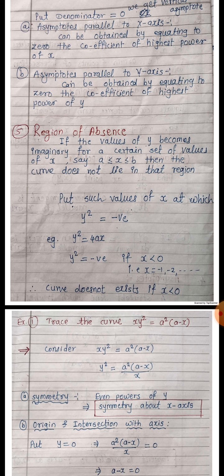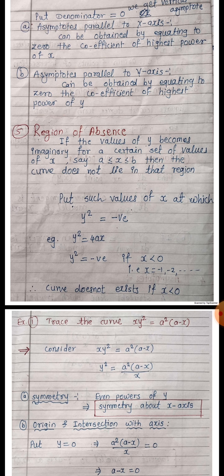Second is asymptote parallel to y-axis. For finding the asymptote parallel to y-axis, either we put denominator equal to 0 or we put the coefficient of highest power of y to 0. Then we get the asymptotes parallel to y-axis or y-axis itself.